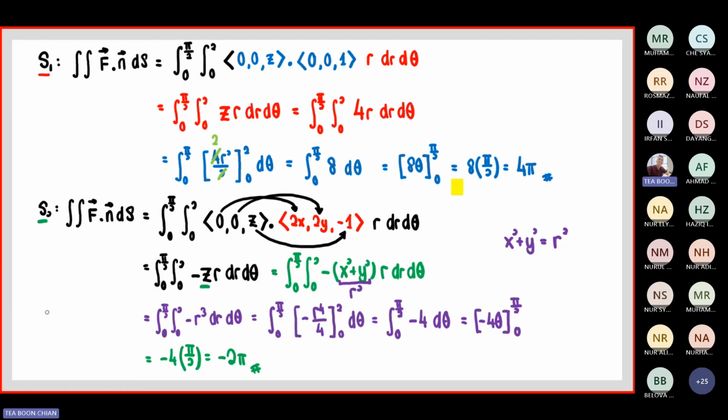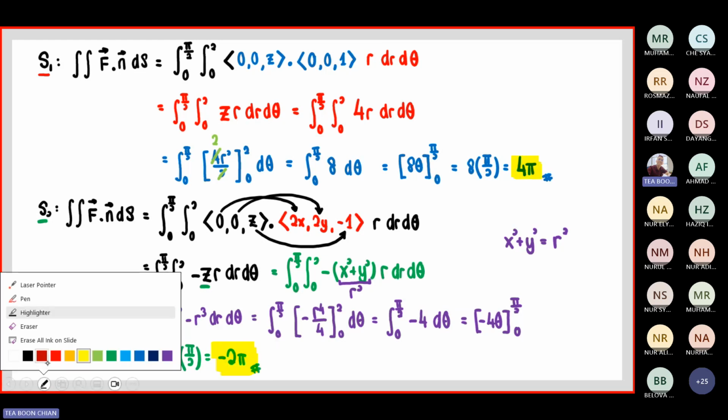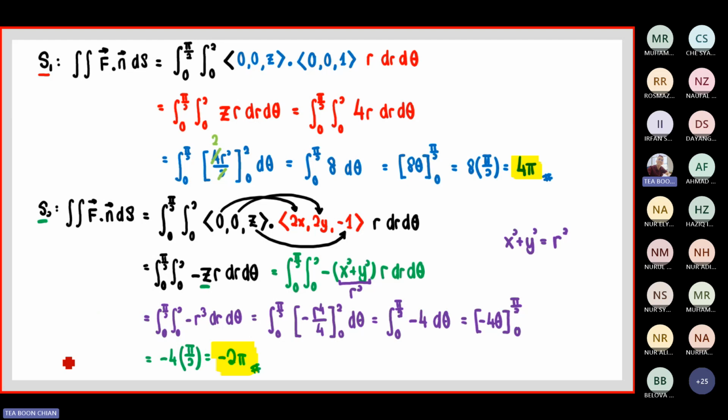All right, upward 4 pi, downward negative 2 pi. Now you can find out the final resultant flux. What is the net flux of this problem? Okay, let me do it at the side corner here. Therefore, the double integral of the surface f dot n ds equals S1 plus S2.